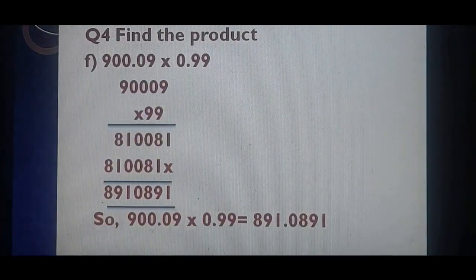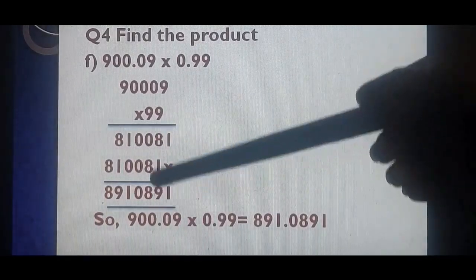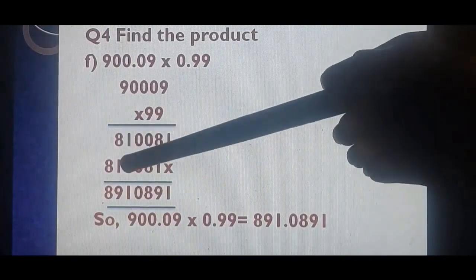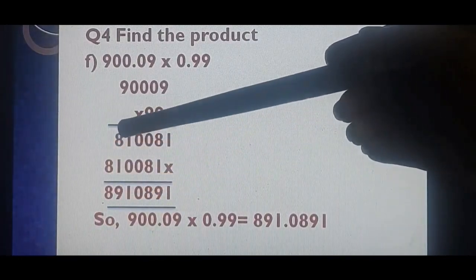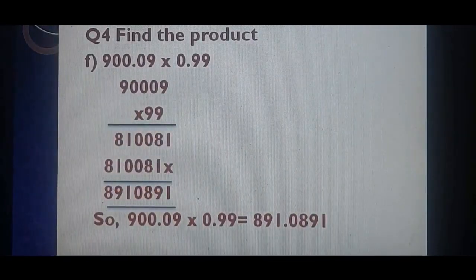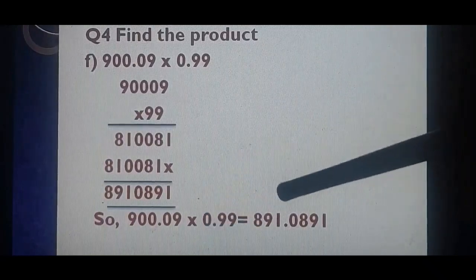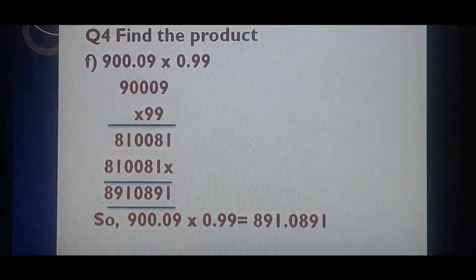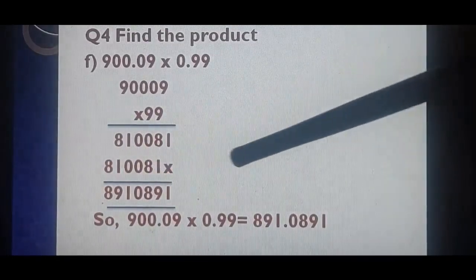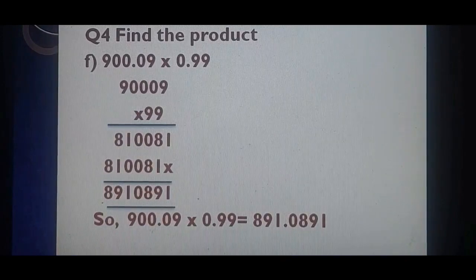810081. Okay. Now addition. 1, 8 plus 1, 9. 0 plus 8, 8. 0 plus 0, 0. 1 plus 0, 1. 8 plus 1, 9 and 8. And now write down the question again having decimals. Write down your product. 89 lakh 10,891.